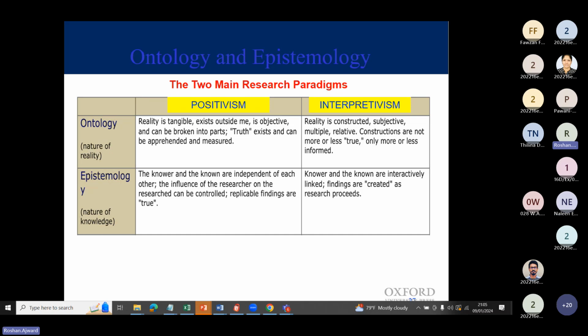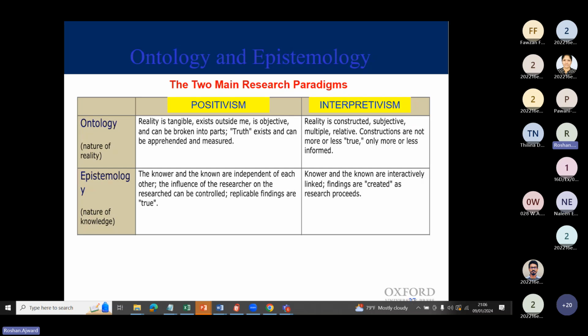Now, let's say for an example, consuming alcohol. Is it good or bad? In certain religions, it will say it's bad. But in certain other places, it would say it's okay. See, multiple realities, isn't it? People believe in multiple realities. So that's where interpretation comes in. They believe subjective reality is constructed. People construct reality.